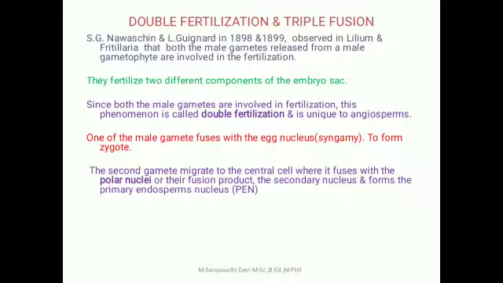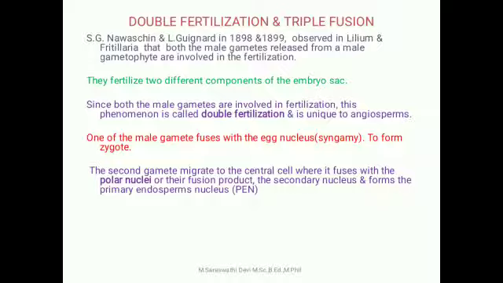Double fertilization and triple fusion: Navashin and Guignard, in 1898 and 1899, observed this in Lilium and Fritillaria. In both plants, both the male gametes released from the male gametophyte are involved in fertilization. They fertilize two different components of the embryo sac.